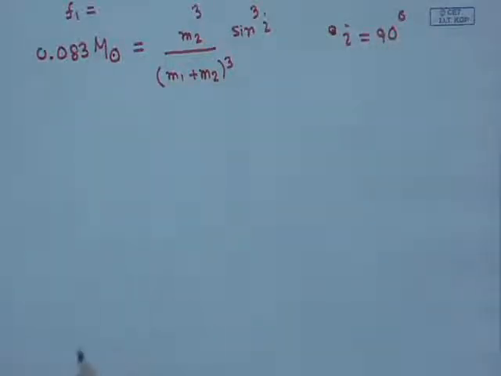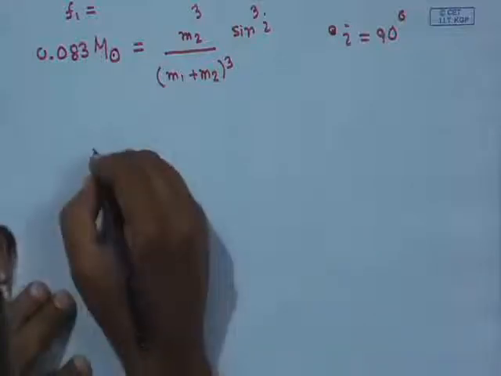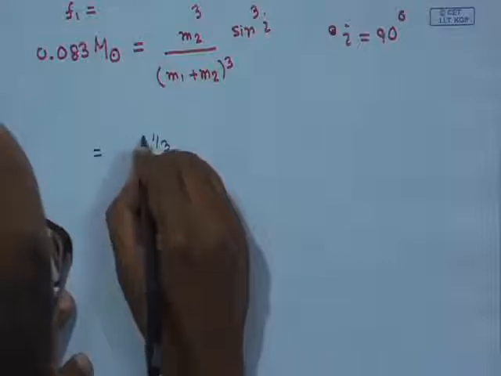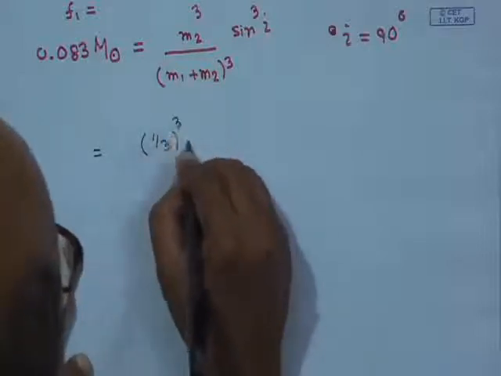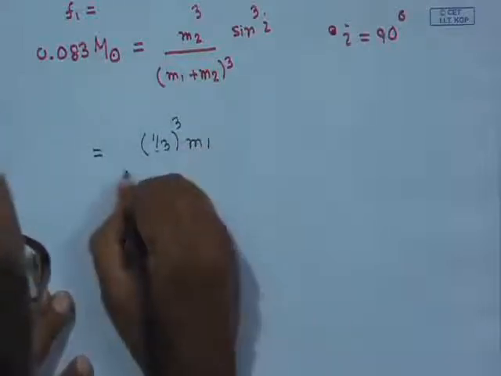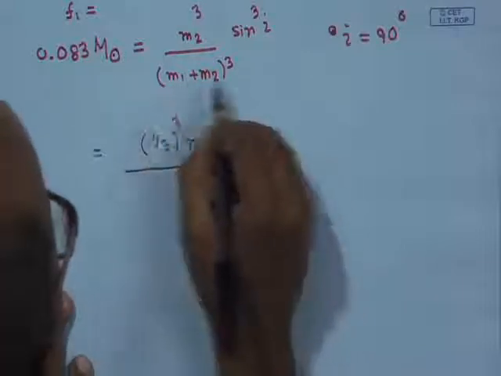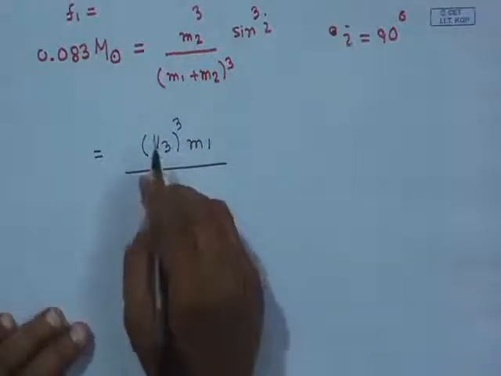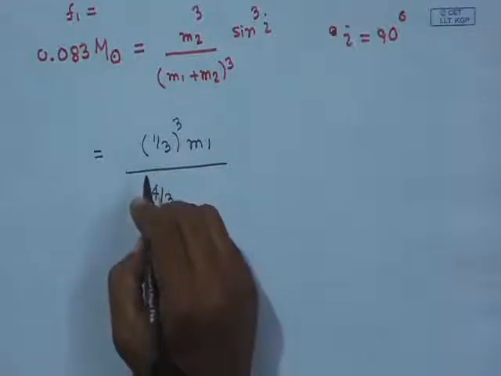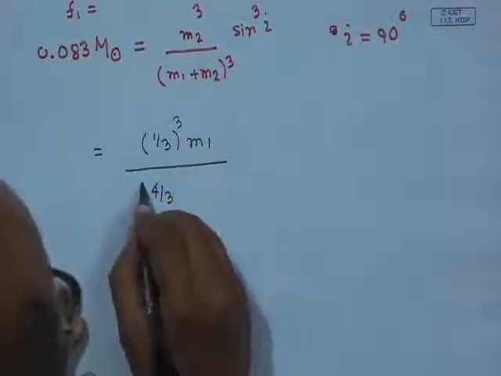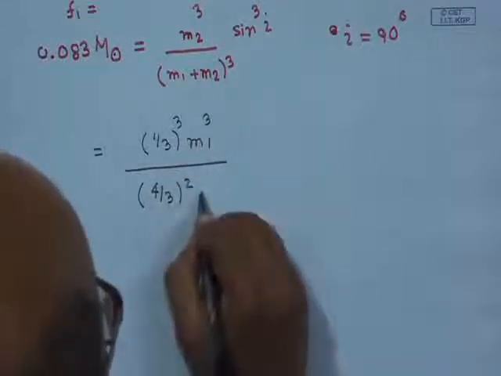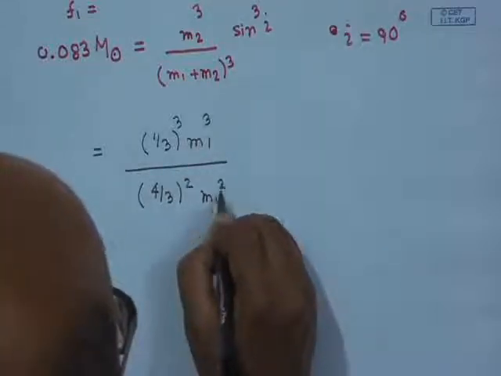Then this is equal to 1/3 cubed of m1 cube, and here I have 1 plus 1/3, which is 4/3, squared, of m1 square.